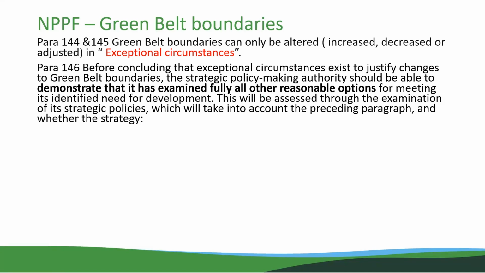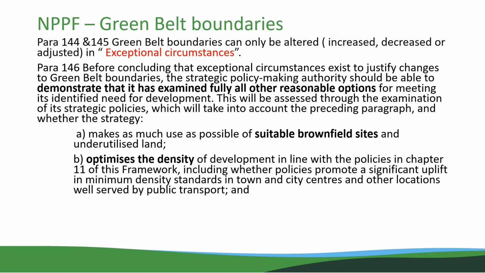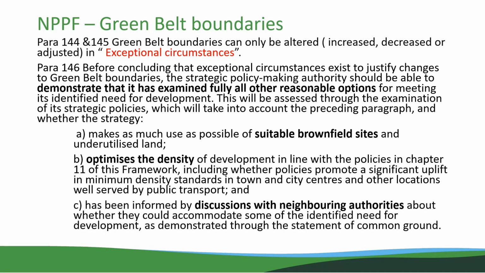It goes on to say in paragraph 146 that before concluding that exceptional circumstances exist, an authority must justify that it's looked at all reasonable alternatives, these being suitable brownfield sites, optimisation of density on other sites, and whether neighbouring authorities could accommodate the need.